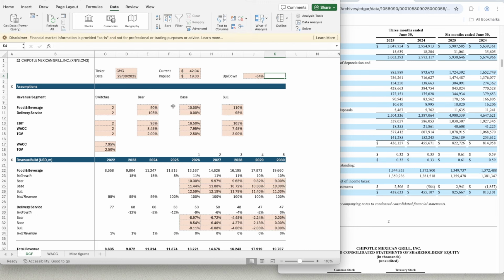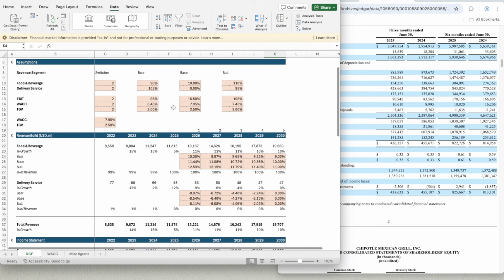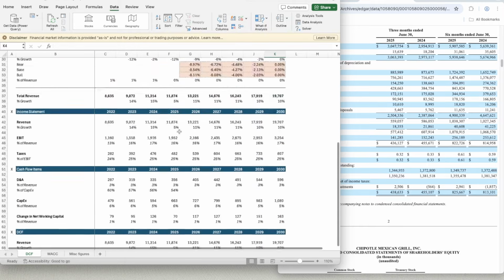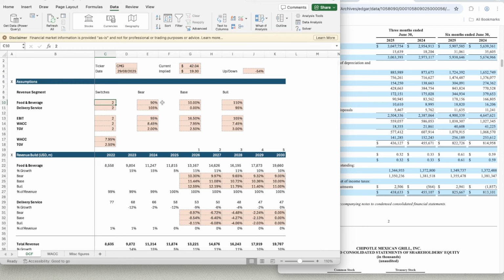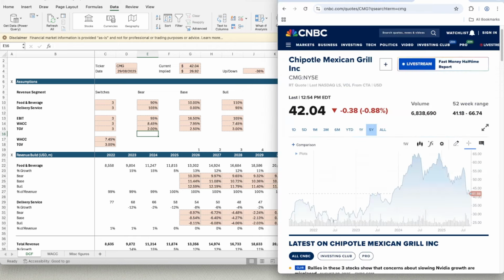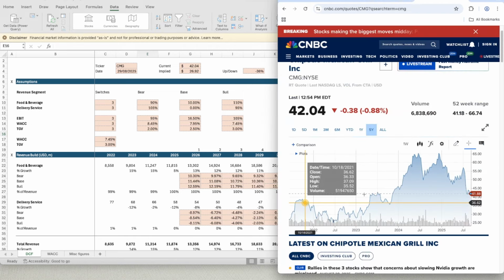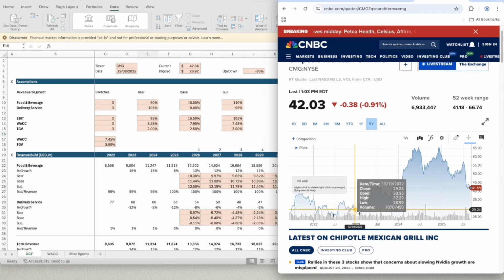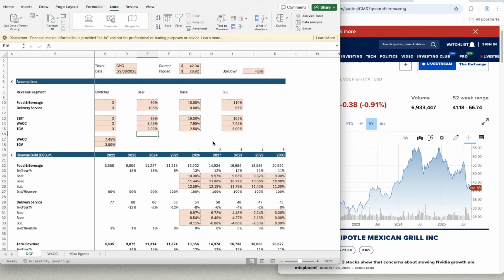So look at this. On a base case scenario, it looks like Chipotle should be 54% less. Let's look at what the different projections are. Let's look what the bull case will be. So 27. And you know what? That's not too far from where it was hovering. Where was it? Down here. So the bull was sort of the bottom before.